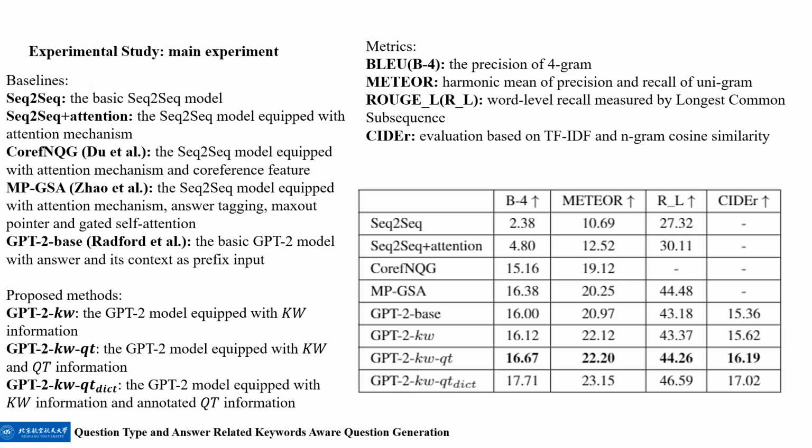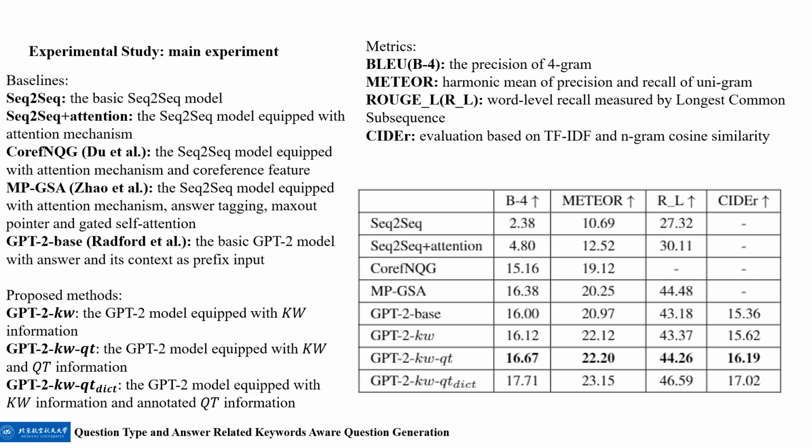Here is our experimental study. We compare our proposed framework with previous methods, including the vanilla sequence-to-sequence model, sequence-to-sequence variants, and GPT-2. Meanwhile, we also conduct an ablation study to evaluate the effectiveness of the external information.